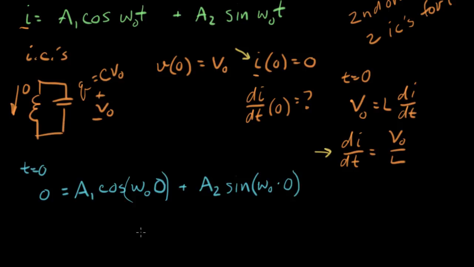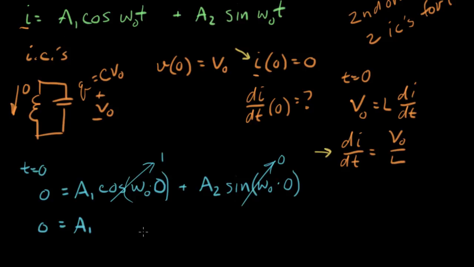And what does this evaluate to? Okay, so sine of 0 is 0, and cosine of 0 is 1. So that comes up with 0 equals A1.